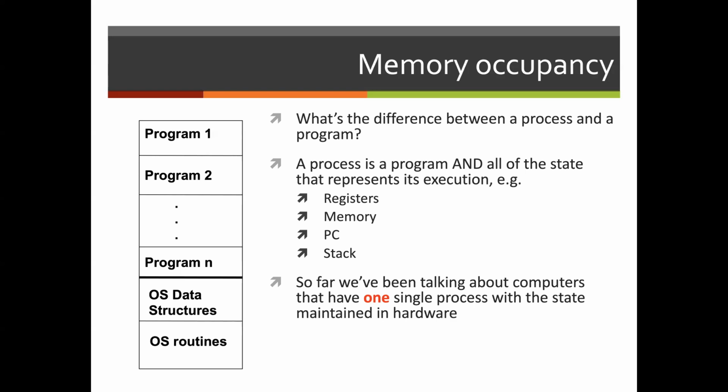But we know that this isn't a realistic way that computers and programs operate. Previously, we got our first clue to this when we discussed interrupts and how they operate. Essentially, what you want to remember is that a process is a program, and it is going to represent the entire state of the program during execution. It's important to differentiate that a process is going to change as the program execution changes and evolves.